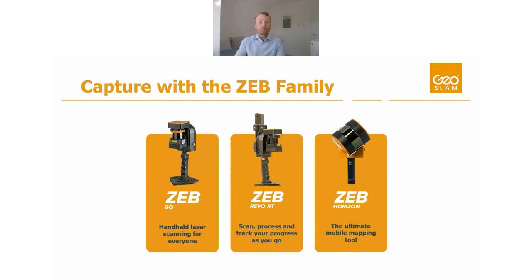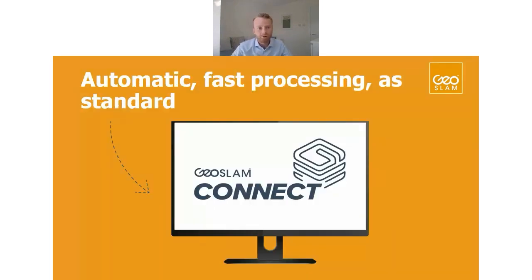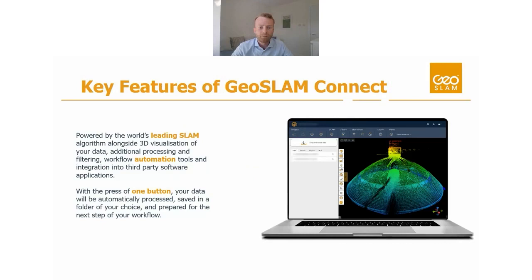So now we know how we can capture the data. We're going to have a look at how we can process the data. The GeoSLAM package will come with GeoSLAM Connect, which is used to automatically process your data in minutes. Some of the key functions of Connect is that it is powered by our industry-leading SLAM algorithm called GeoSLAM Beam.